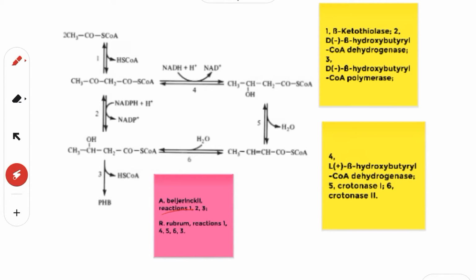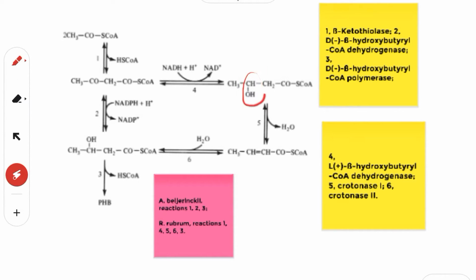Rhodospirillum rubrum does not have this second enzyme, that is D-beta-hydroxybutyryl-CoA dehydrogenase. This enzyme is not present in Rhodospirillum rubrum, and therefore instead of D-beta-hydroxybutyryl-CoA, Rhodospirillum rubrum synthesizes L-beta-hydroxybutyryl-CoA.